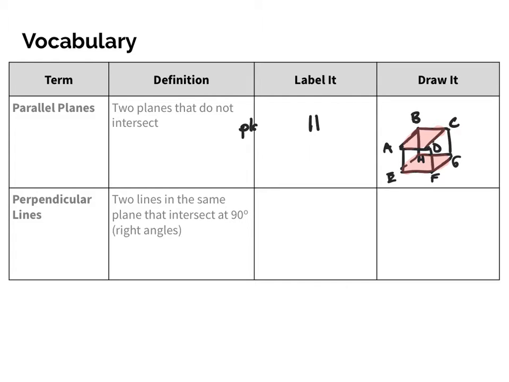So I would say here plane ABC is parallel to plane EFG. That's plane EFG. So I'm still going to use my parallel symbol to represent planes. It's just that for planes we use 3 letters instead of lines where we'd use 2 letters. So parallel planes, parallel lines, skew lines, all those things are things that don't intersect.